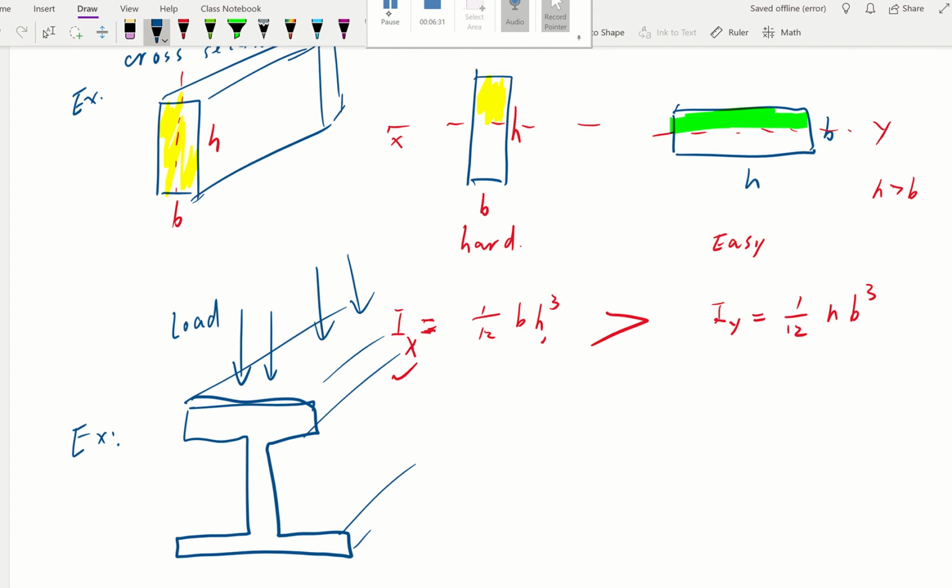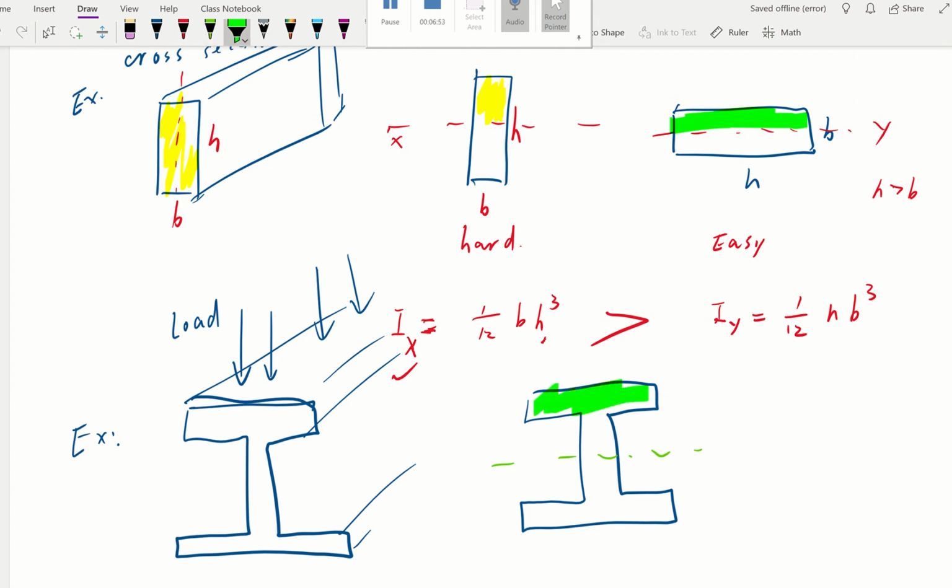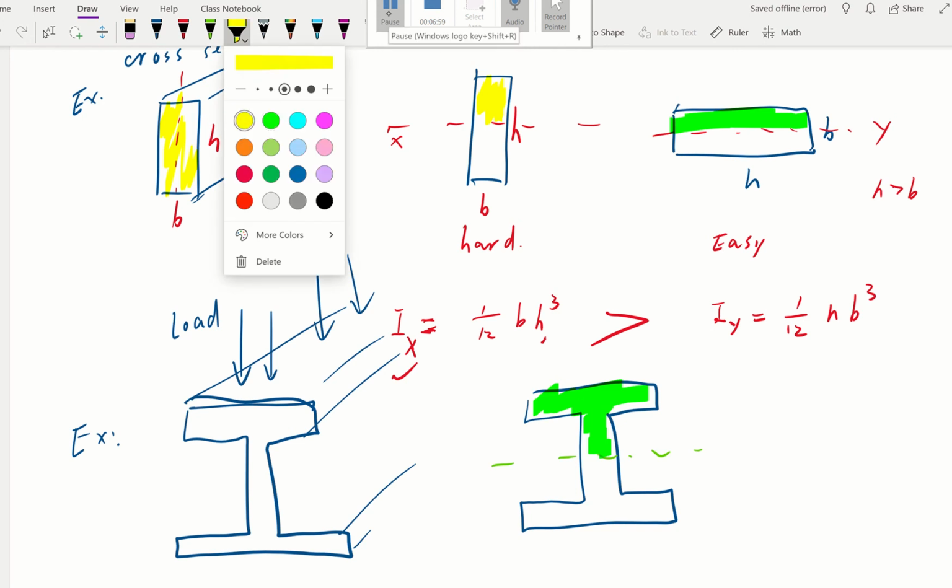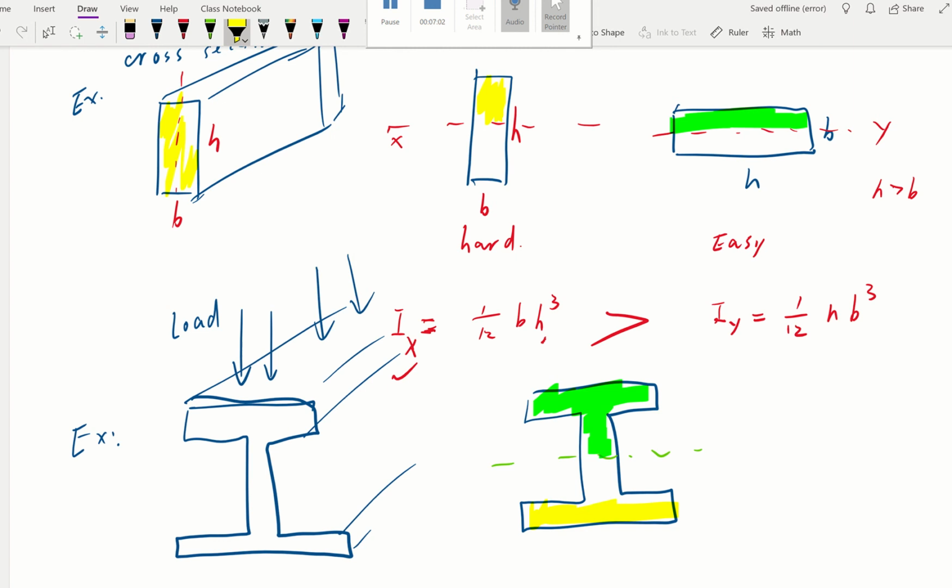If I just look at a cross section, we're bending around this axis, right? Notice the area away from this bending axis, either at the top or bottom: there's quite a bit of area away from it. However, we never really see this beam used in this direction.